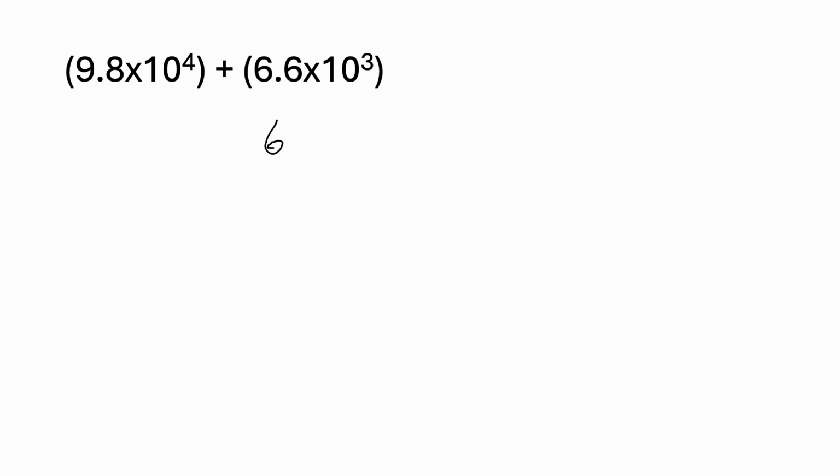So let's look at 6.6 times 10 to the power of 3. If we want to turn that to the power of 4, that means that we need to make this 6.6 one decimal place smaller. So that will turn into 0.66 times 10 to the power of 4.